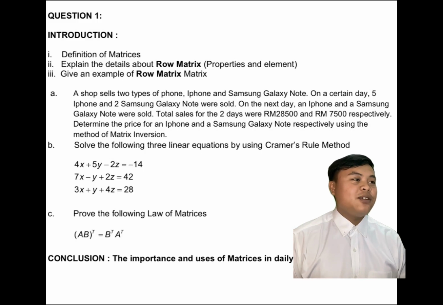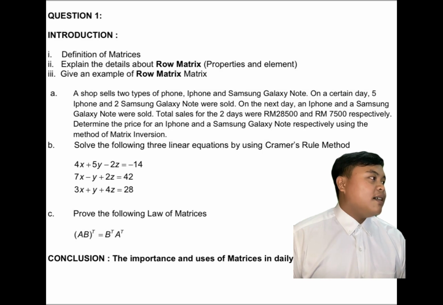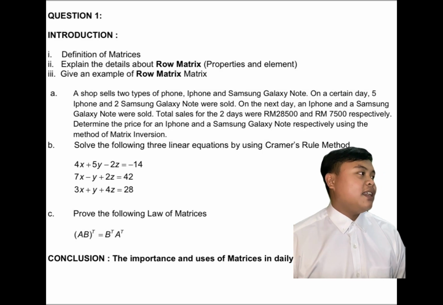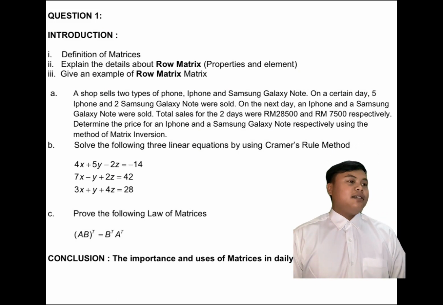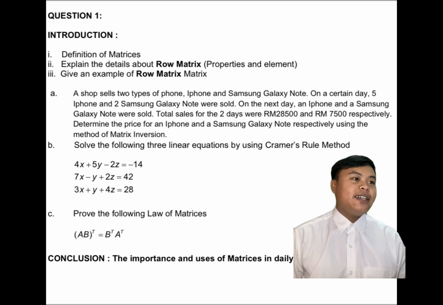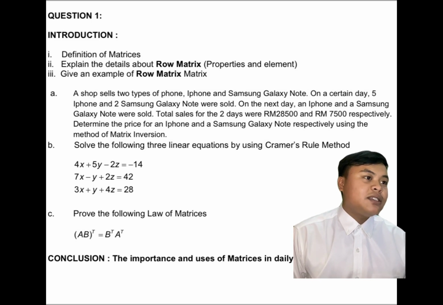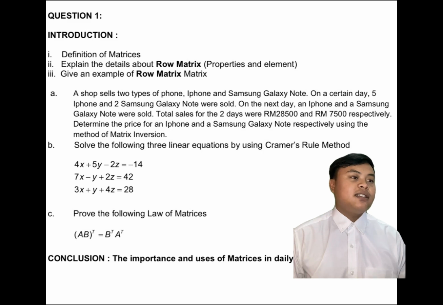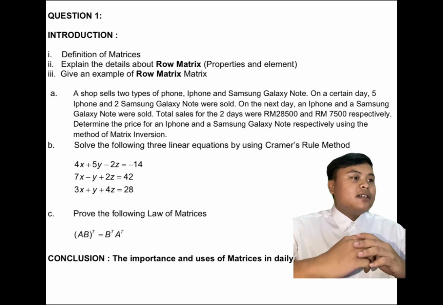Good morning, madam. My name is Luis, and I want to solve question 1b. The question is 4x plus 5y minus 2z equal to negative 14. And the second, 7x minus y plus 2z equal to 42.